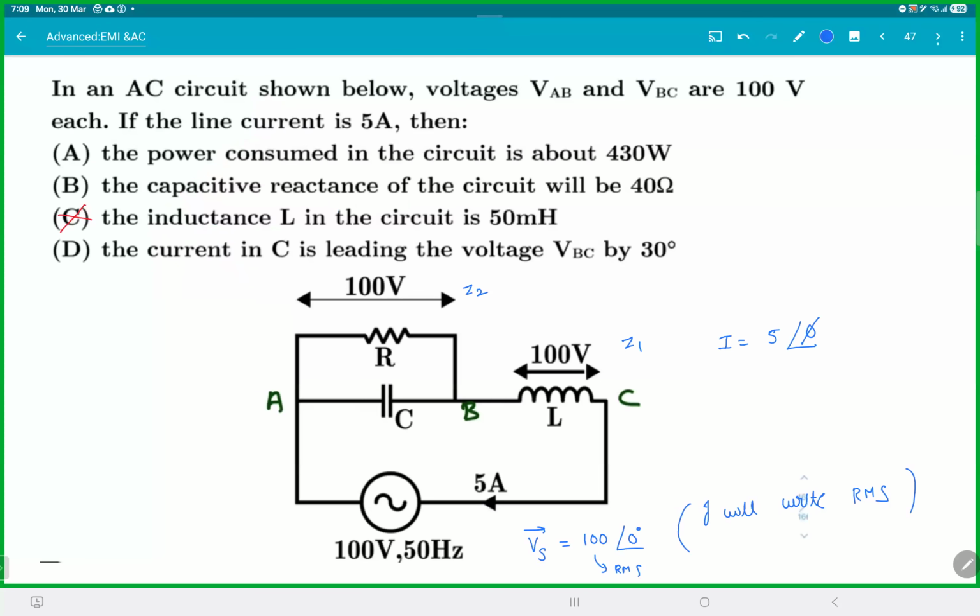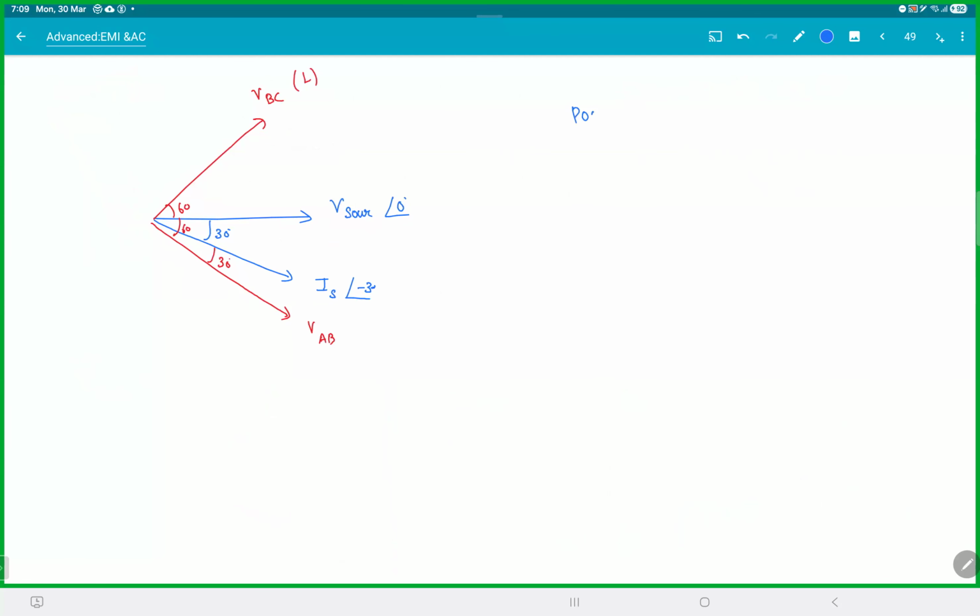You want to find the power? What is the formula for power? Power is VRMS, IRMS, cos phi. Remember? I know VRMS, how much? 100. I know IRMS. What is cos phi? This is the angle between them. So phi is 30 here. That is the angle between the voltage of the source and the current in the source. So cos 30.